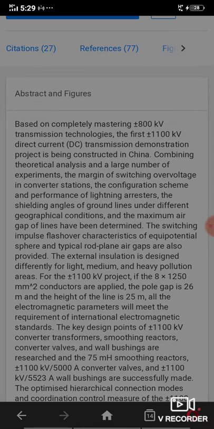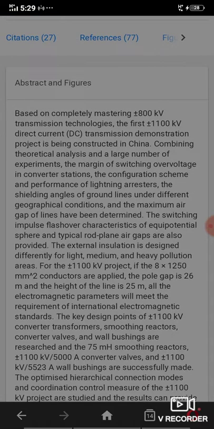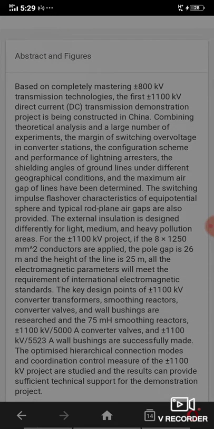The switching impulses, flashover characteristics of equidistant sphere and typical road airplanes, construction to equipment, and the switching impulses flashover gaps are also provided. The external insulation is diagnosed different of light, medium, and heavy pollution areas for the 1 kV project.